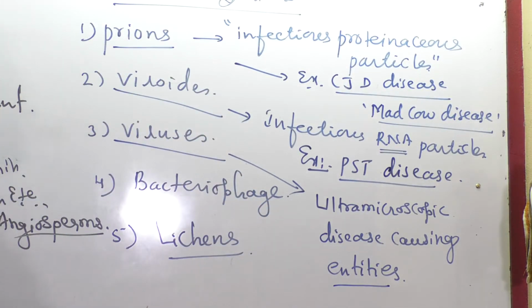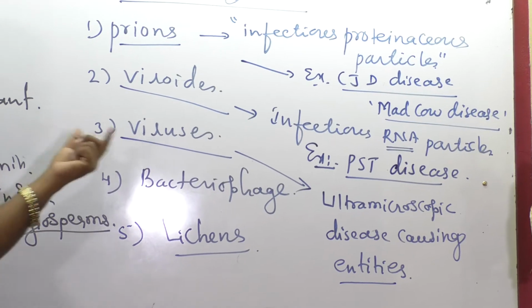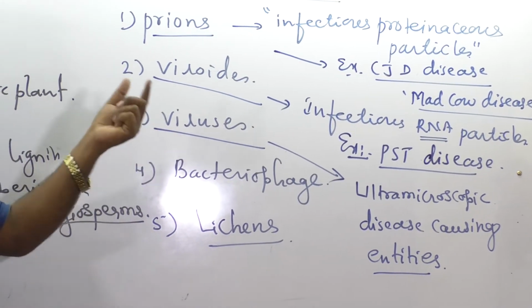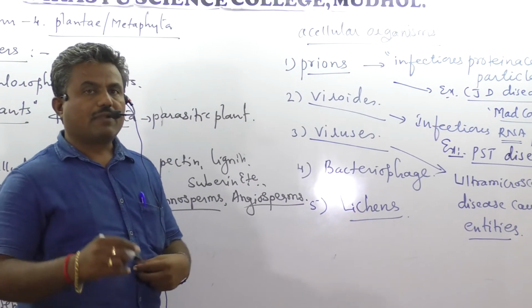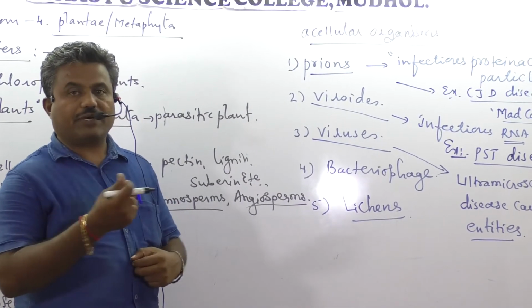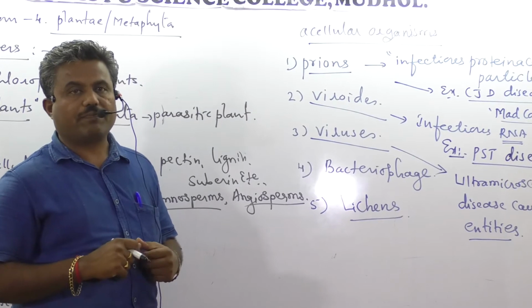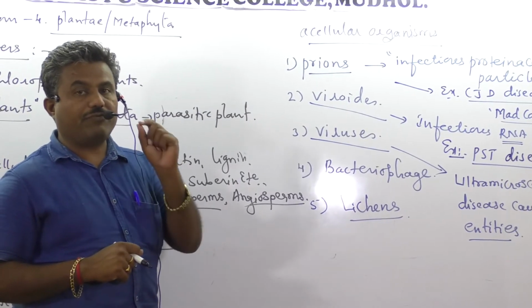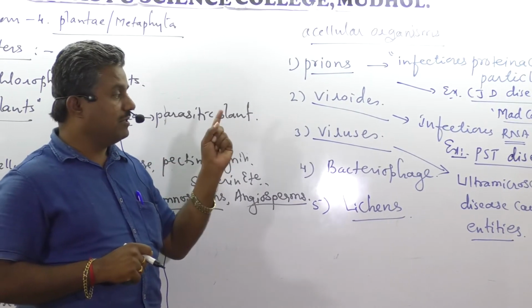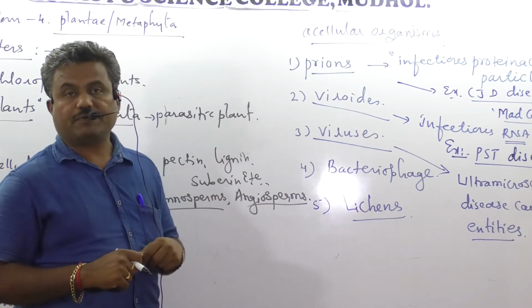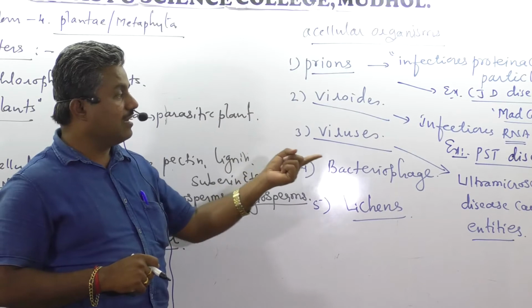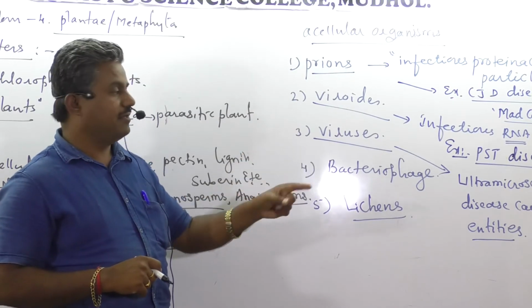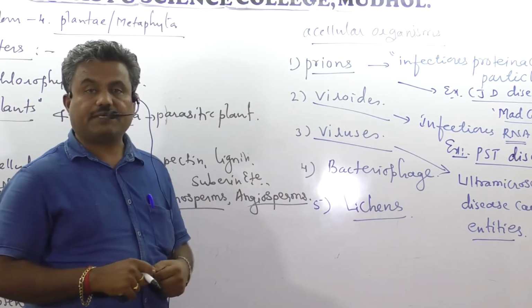Ultramicroscopic means viruses cannot be observed through our naked eye, or even through the compound microscope. Only through the electron microscope, the ultramicroscope, can we observe them. That's why it is called ultramicroscopic.